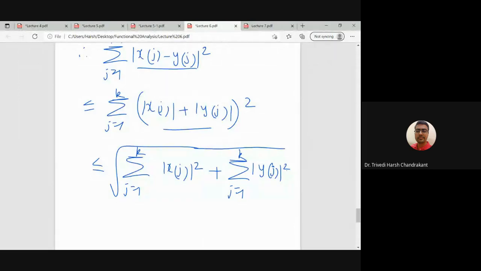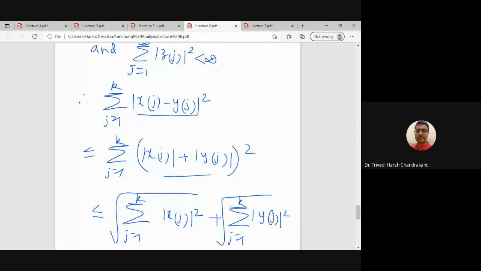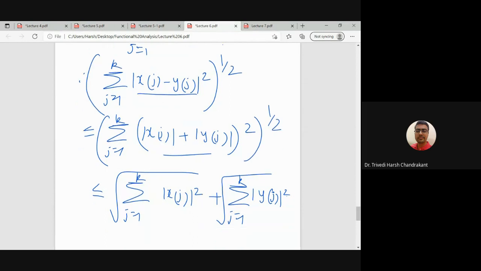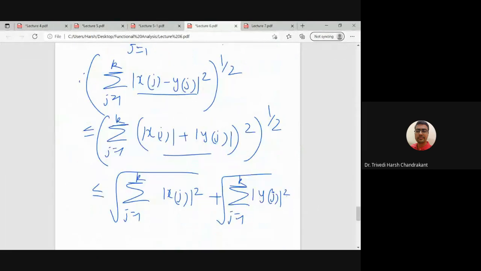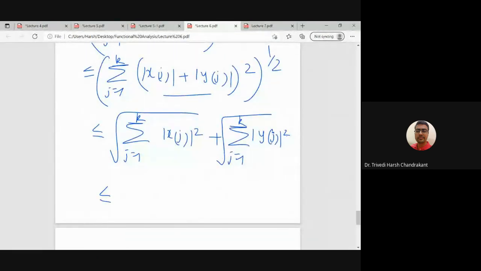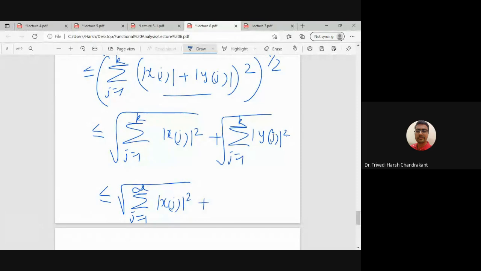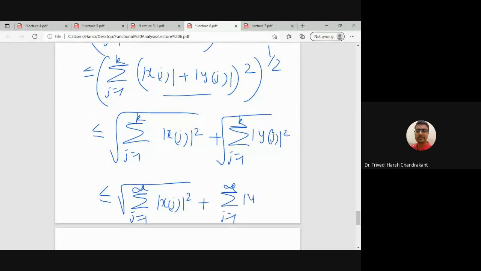So basically we are taking its square root. So now we can apply this: square root of this is less than or equal to this, and then we know that this is a convergent series, so this is less than or equal to summation 1 to infinity xj square plus summation 1 to infinity yj square.